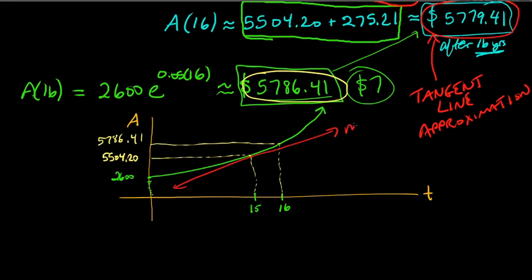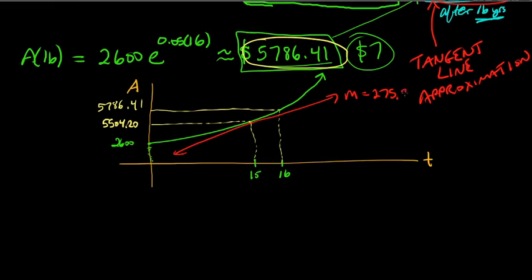The slope was 275 point, whatever it was, 21. So we're using the tangent line to approximate the value at 16. And by doing that, we're getting this value right here. What's the actual value? Up here. You might have to zoom in a little bit to see the difference. It's not much difference. As I said, it's $7 difference here.